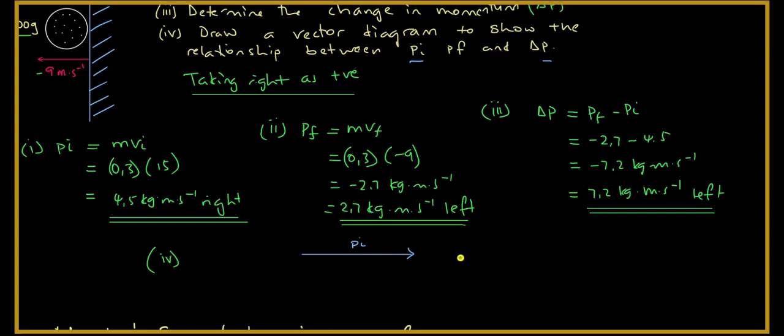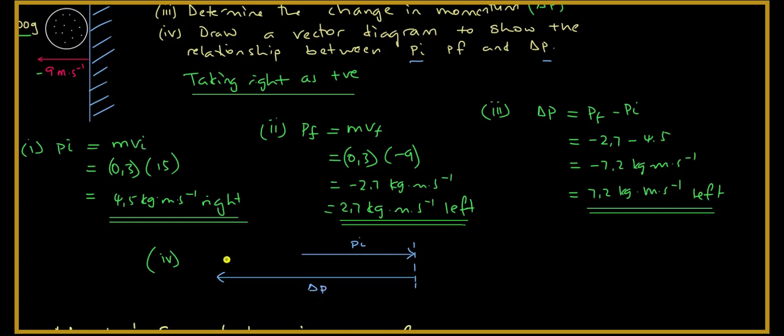Alright, my change in momentum here is 7.2 kgs meters per second to the left. So I must start from this particular point here, and then I draw a vector to the left. So I'm going to draw an arrow pointing to the left, and it's much bigger than the first vector there. So this one represents the change in momentum, delta P.